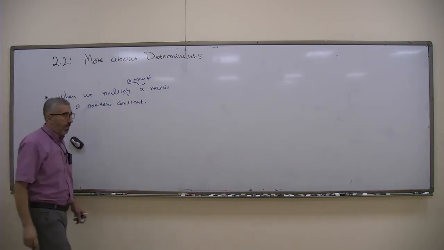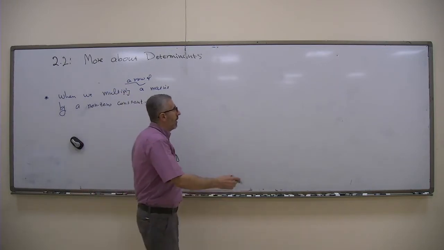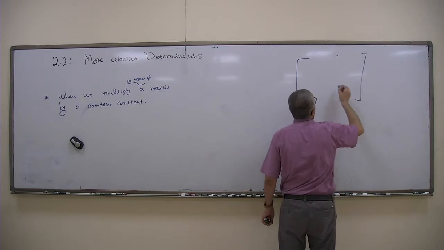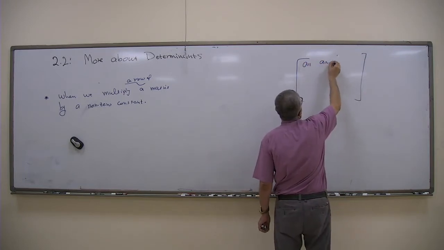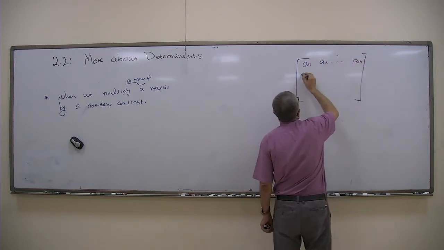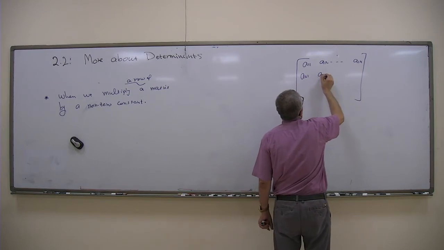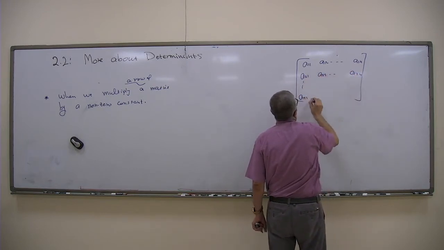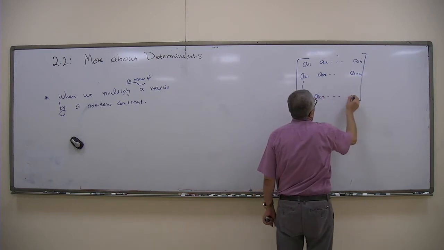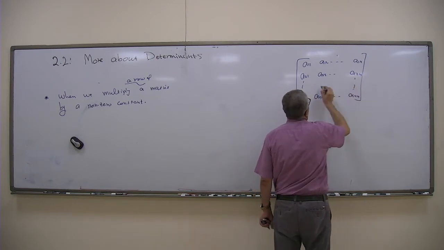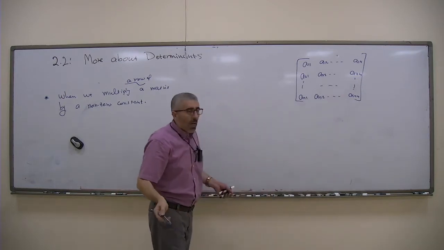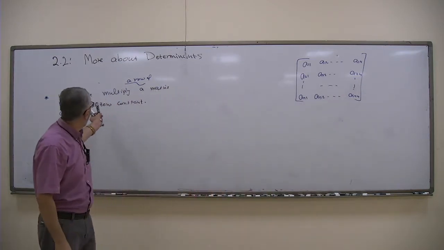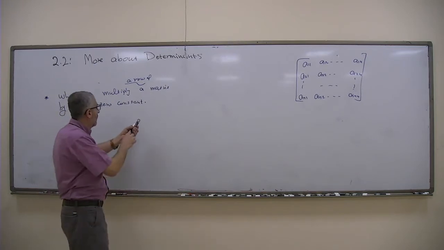So we have a square matrix. Here it is: A11, A12, A1n, A21, A22, A2n, An1, An2, Ann. And you multiply any one of the rows by a constant k. Here it is, constant k.